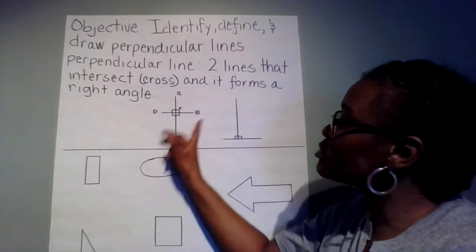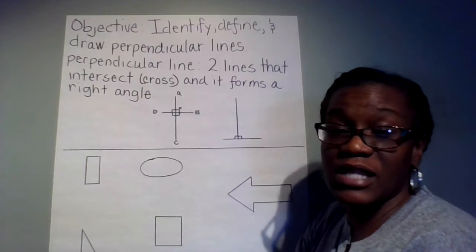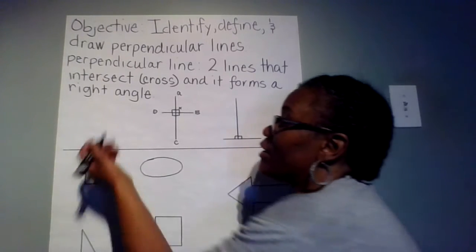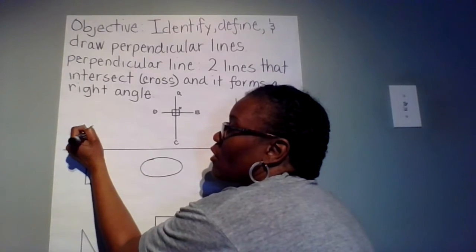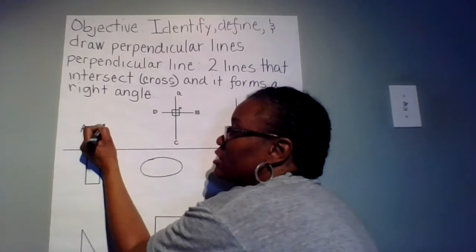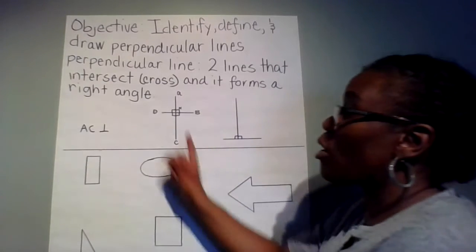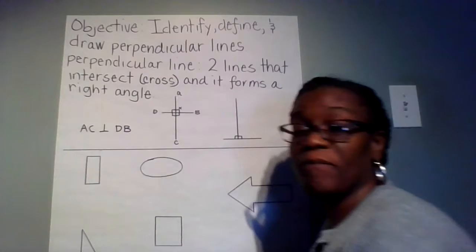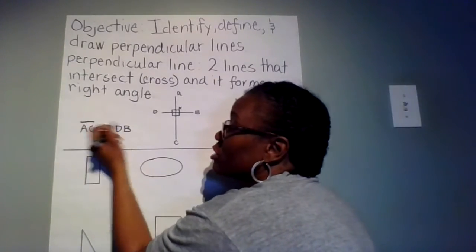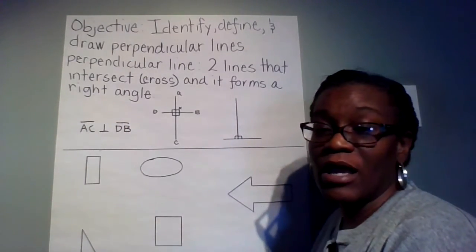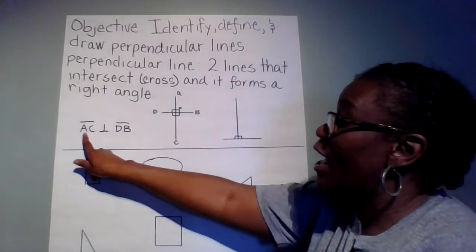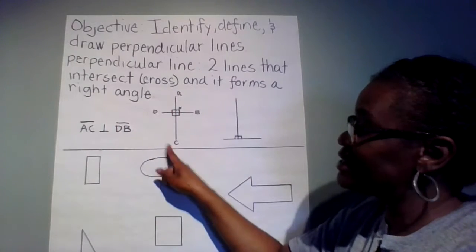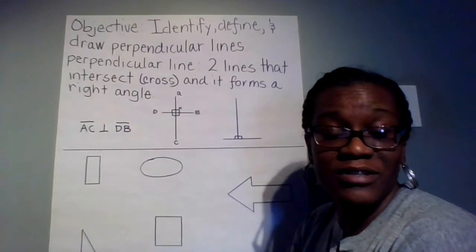So if I wanted to write that these are intersecting lines, I could say line AC is perpendicular to line DB. And then we just put the line on top. And I just wrote out AC is perpendicular to DB.